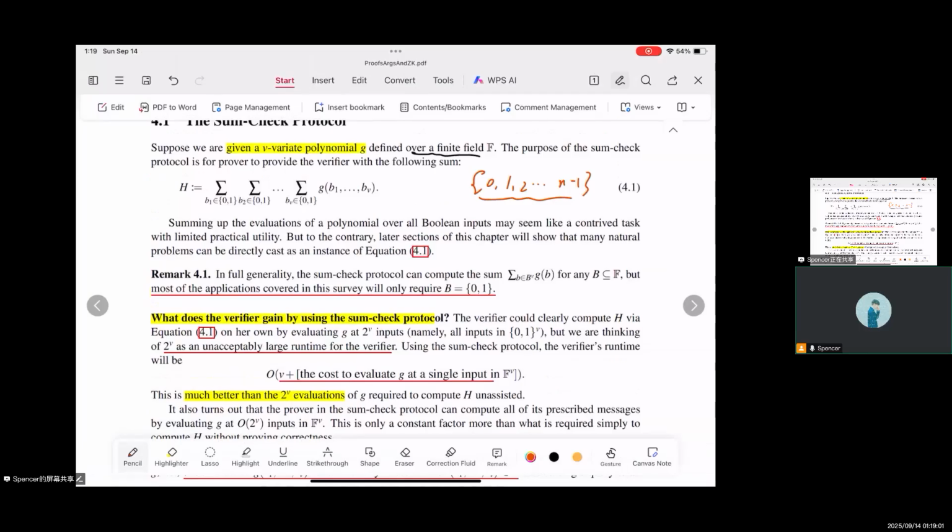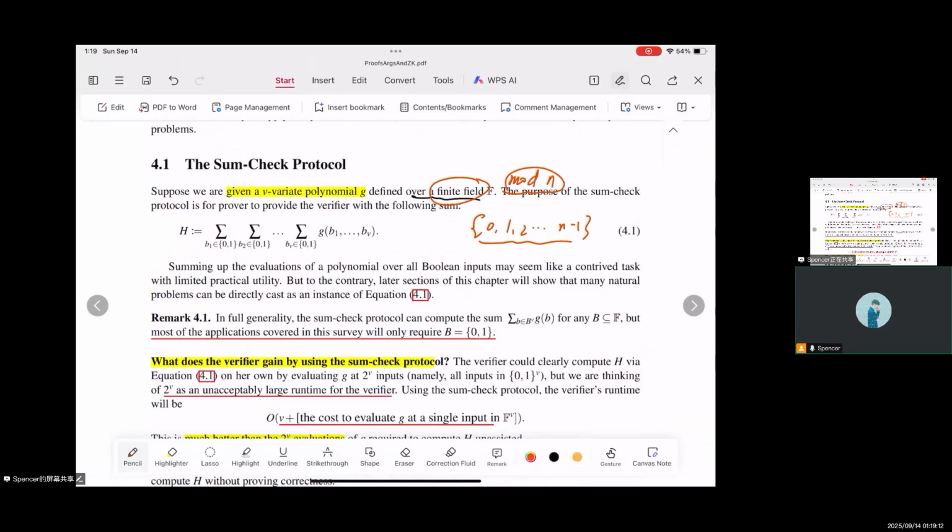So finite fields means we need to mod n, so the numbers are finite.